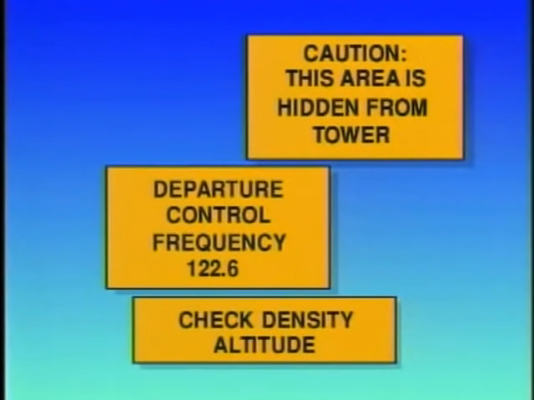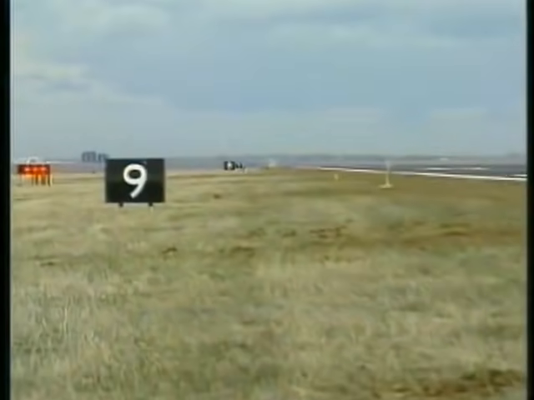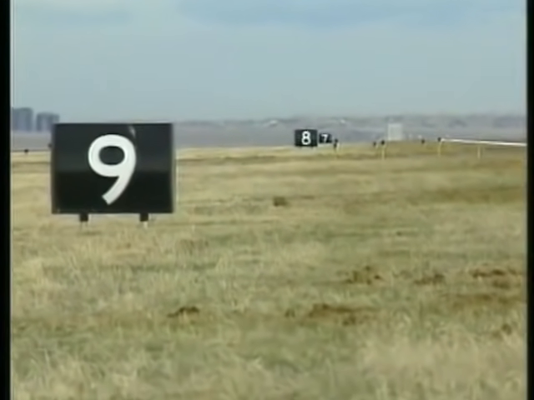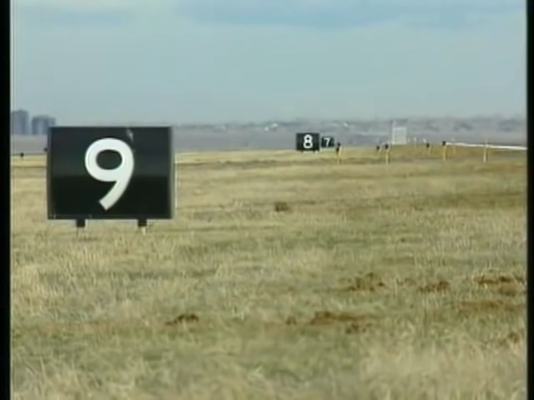Signs that advise you of nice-to-know items are referred to as information signs. The runway distance remaining sign provides you with valuable information during takeoff or landing. The signs have a white number on a black background and are located along the side of the runway. The number indicates the distance remaining in thousands of feet.